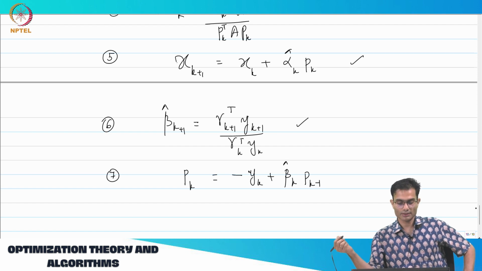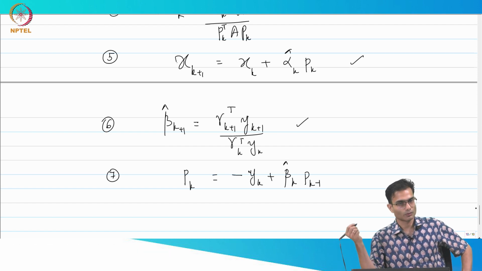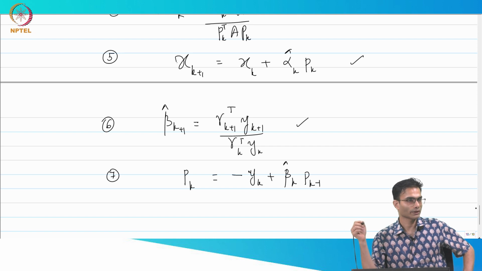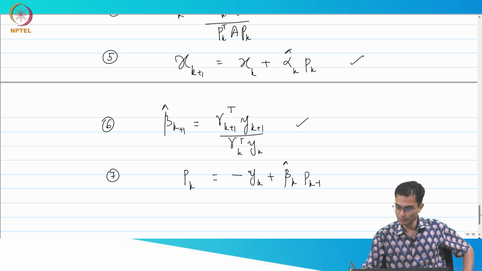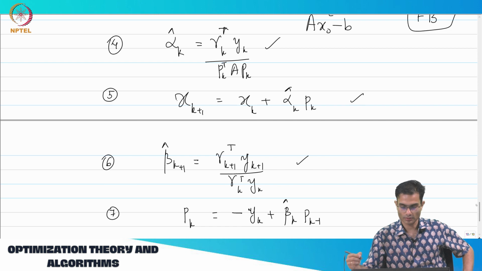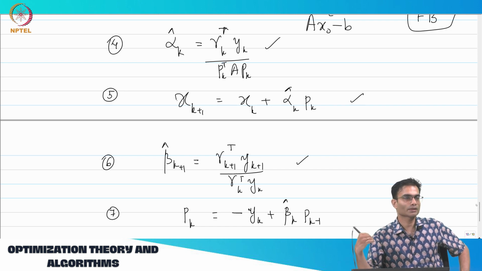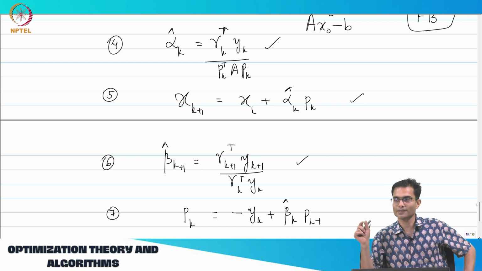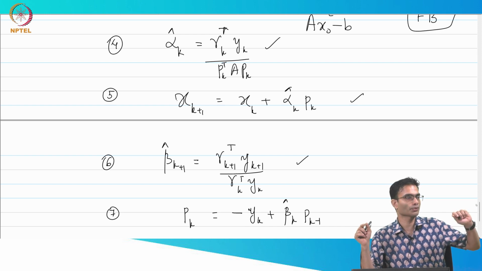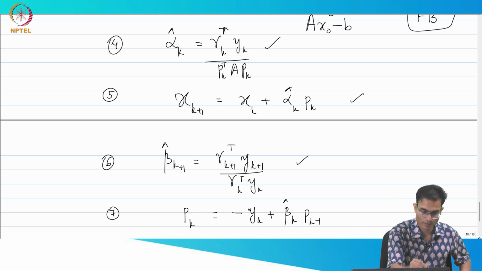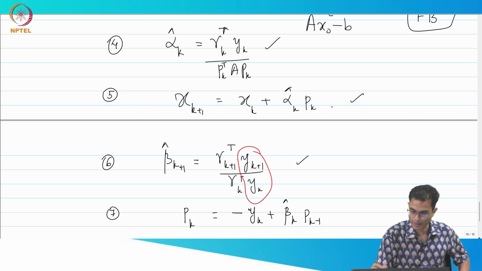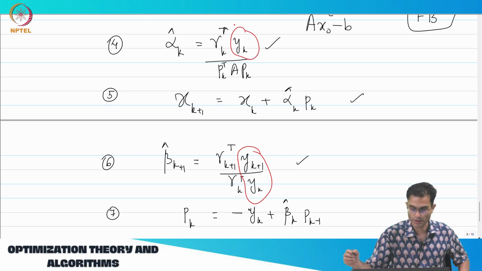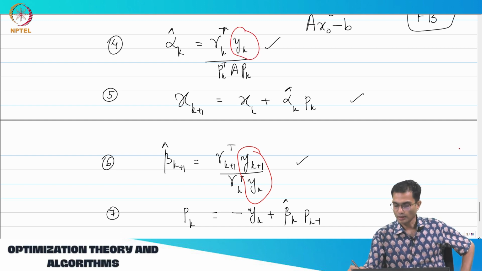I know my betas, I know my y's, I know my previous p's, I can go to the next p, right. So basically, if you look at what we have done so far, my earlier CG routine needed minimum modifications. In some places, I just had to substitute, write this y character in two places.